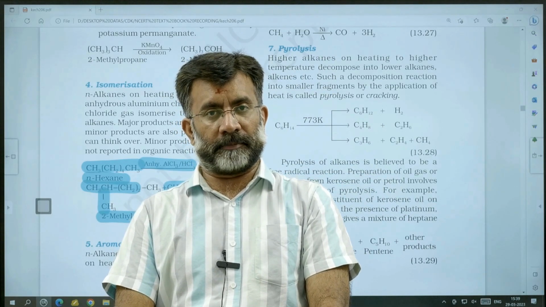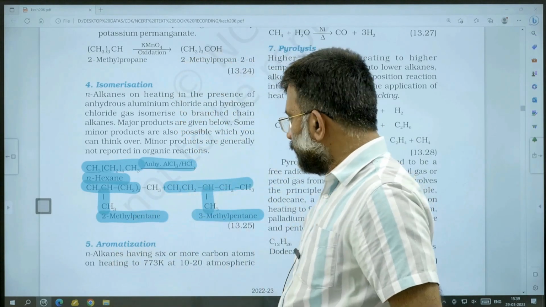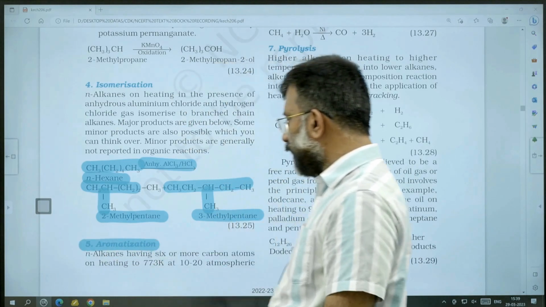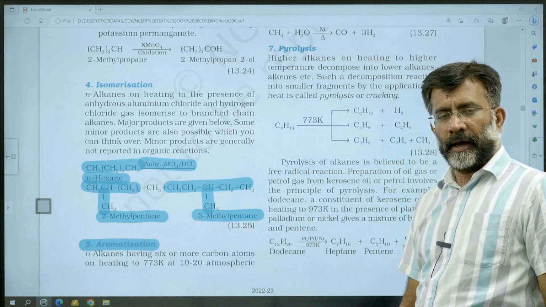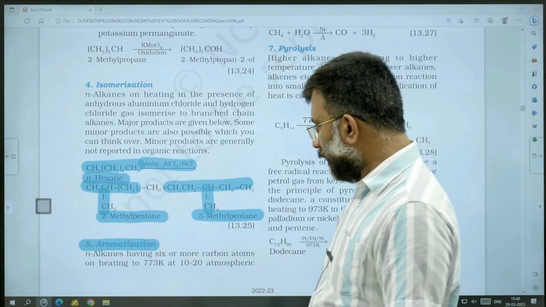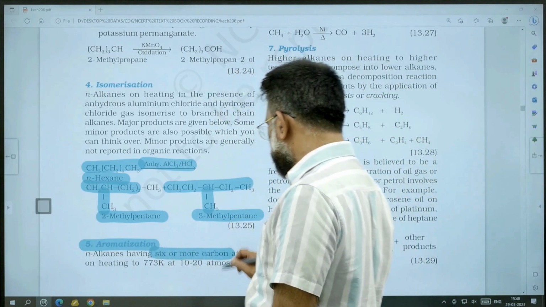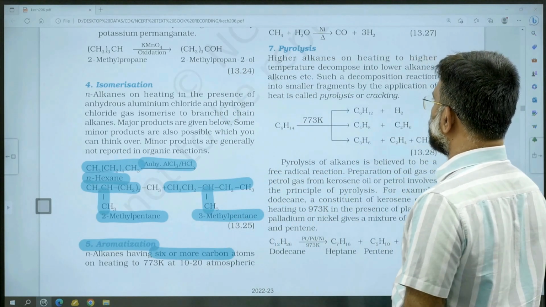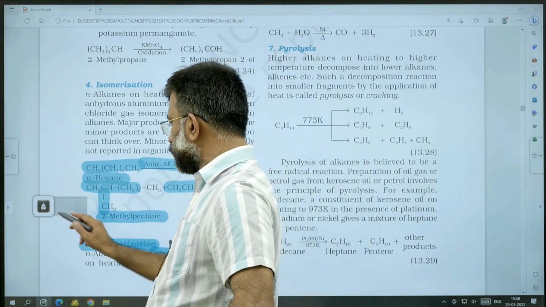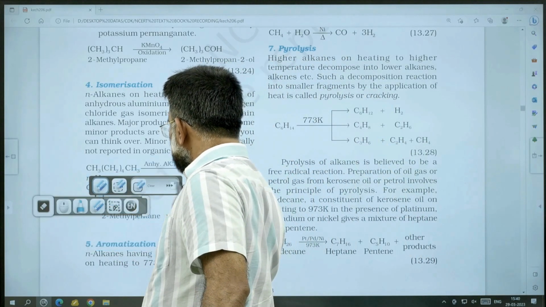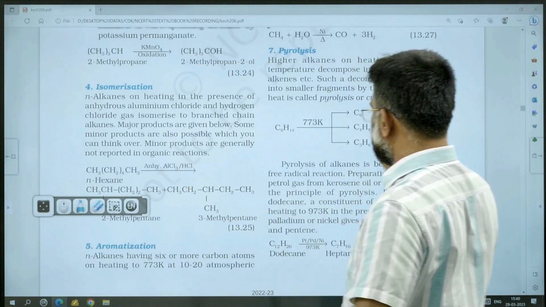Isomerization reaction. Okay. There is another very famous one, aromatization. N-alkanes containing 6 or more carbon atoms, on heating to high temperature with a suitable catalyst. Earlier we were using platinum as catalyst.